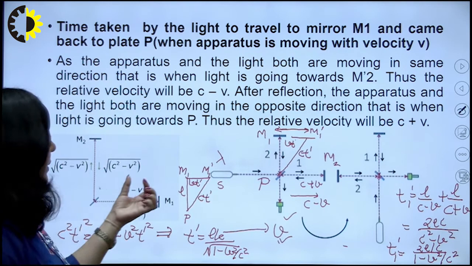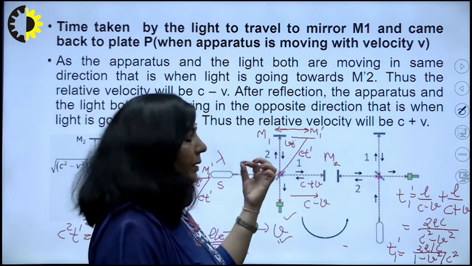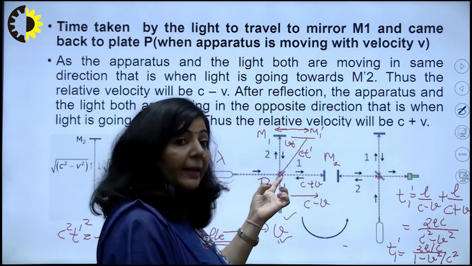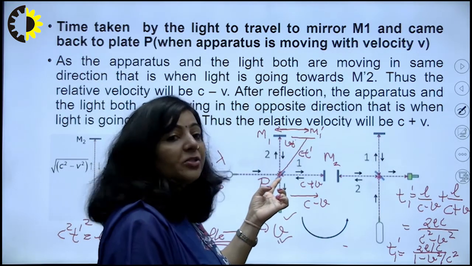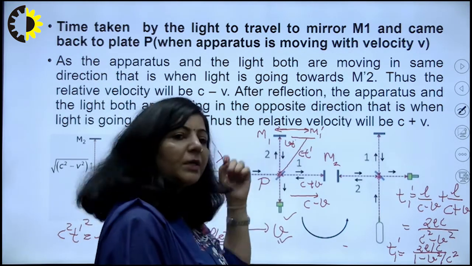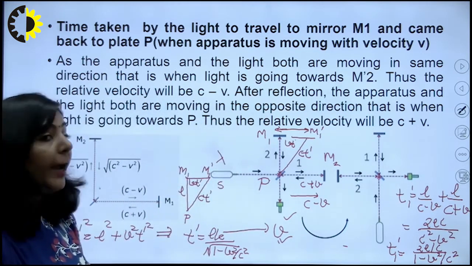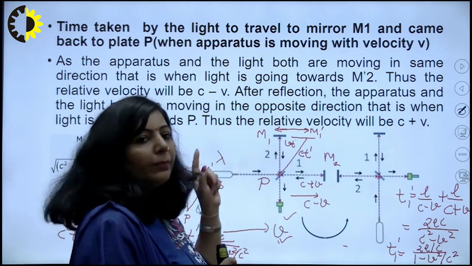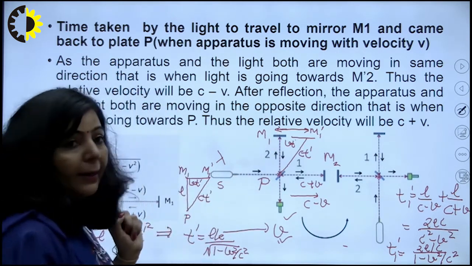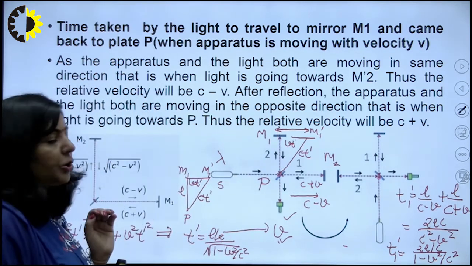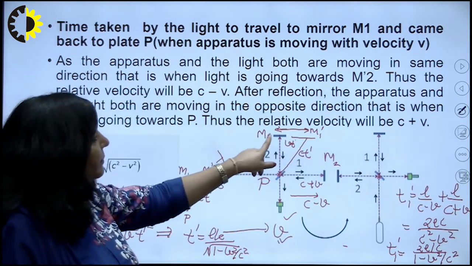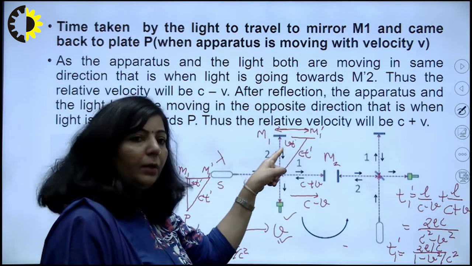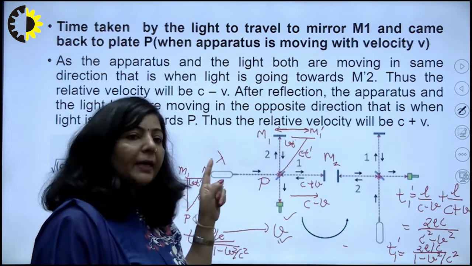So according to the simple theory of optics, when this light ray starts its journey from glass plate towards the mirror M1, and if it takes time t dash to move from glass plate to mirror, then during that time the mirror will occupy a new position, and since that position is occupied in time t dash with the speed V, this displacement is Vt dash.